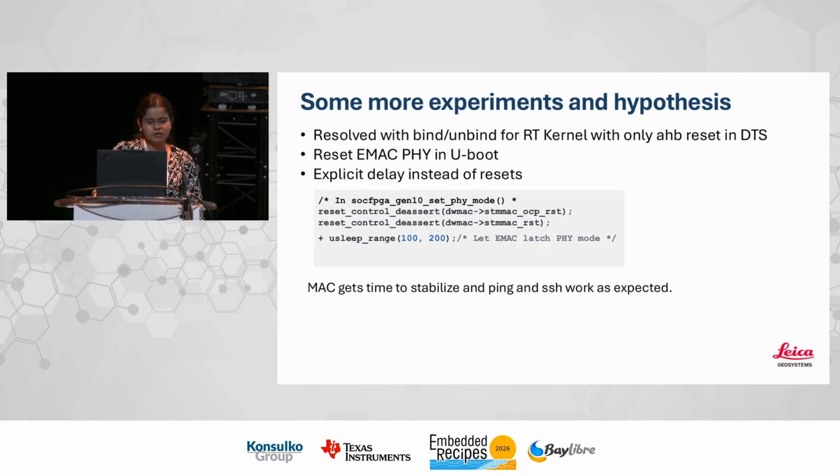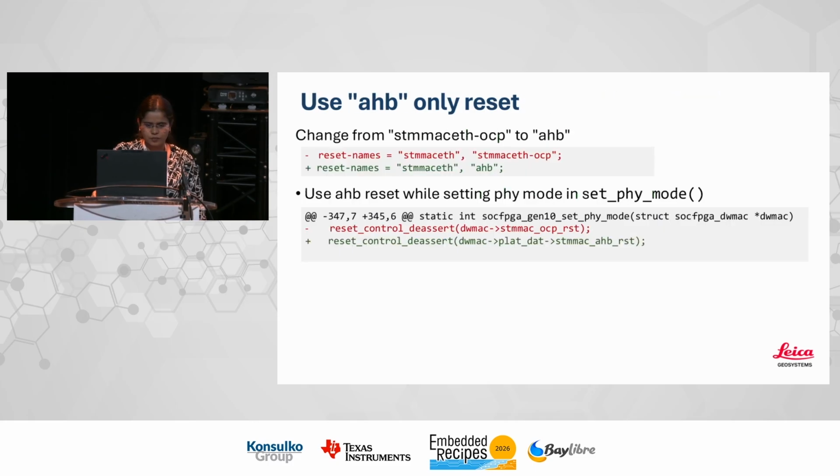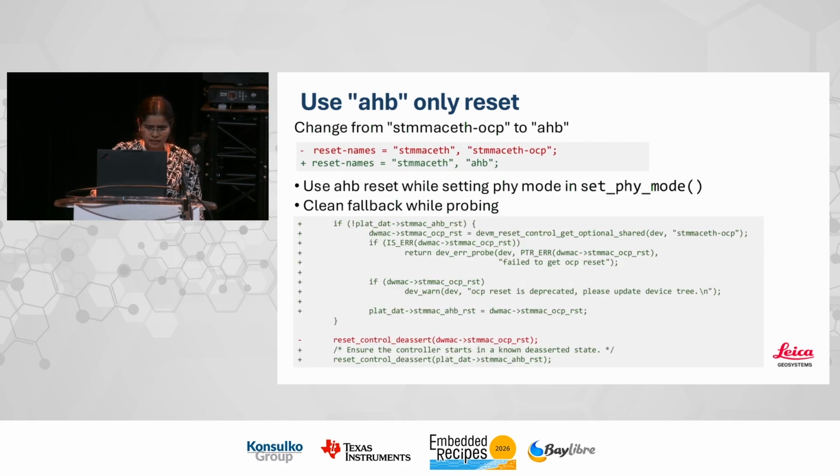but you also need to take care of the correct reset names in the driver itself. So not just the one line of change from OCP to AHB, but we can go further with AHB-only reset, where the idea is to call this reset inside the set PHY mode as well, inside the glue driver.